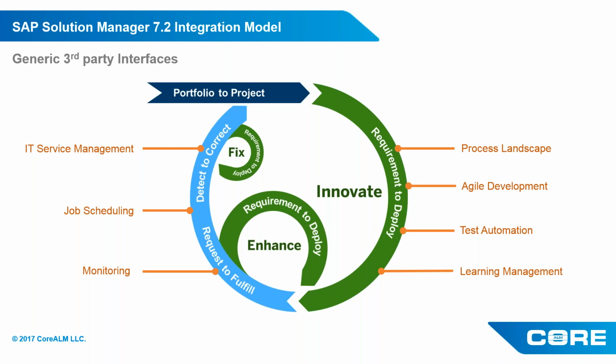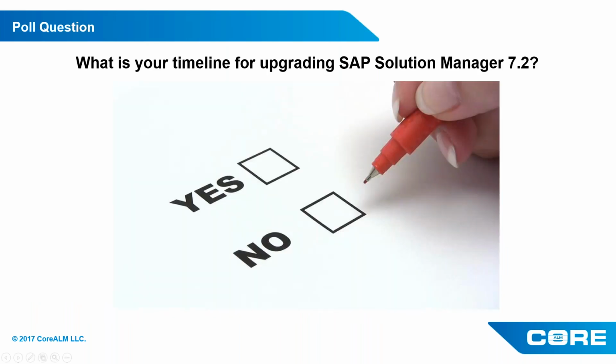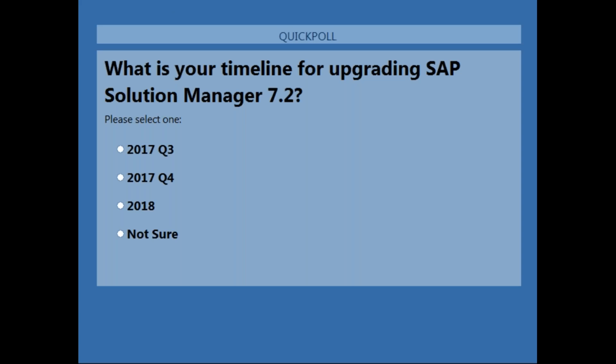So, before we get into some of the details, we want to understand a little bit what your timeline is to upgrade to Solution Manager 7.2. As we noticed, the majority of you have not updated or upgraded to 7.2 yet.